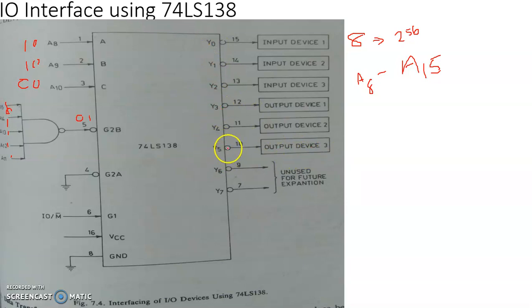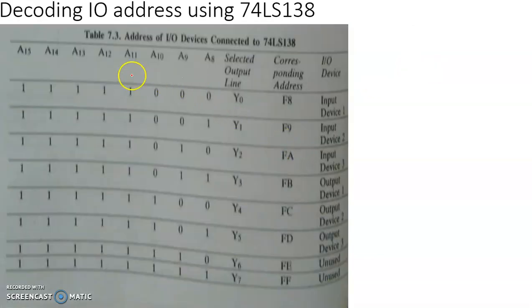So this is the value corresponding to the status 0, 1, 1, which is 6. So output device 3 will be selected to make a communication with the microprocessor. Now the truth table for this operation is shown here.